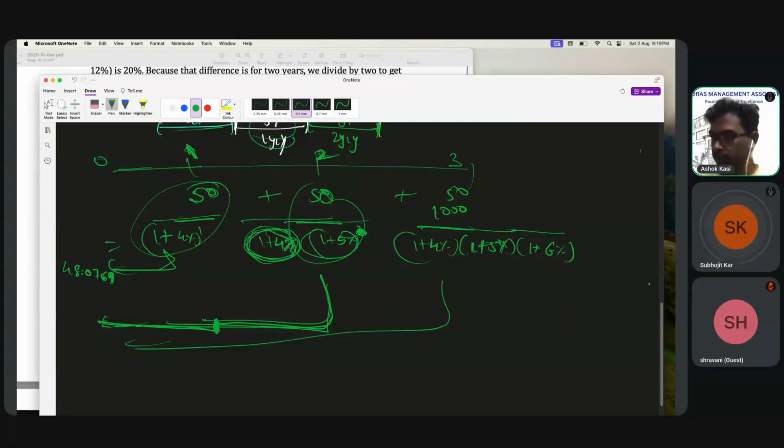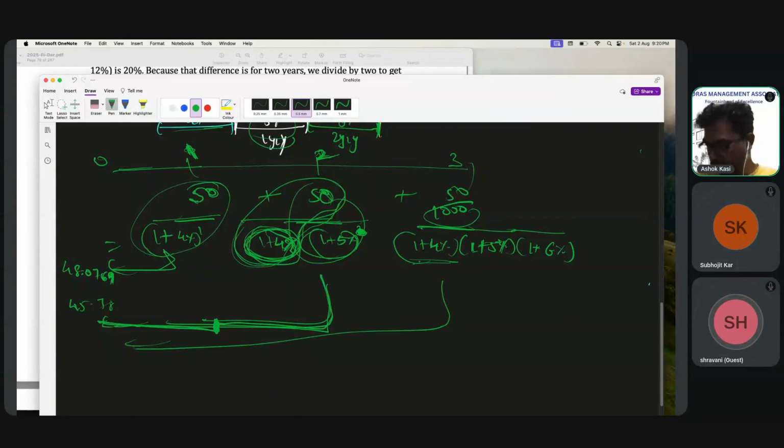Or you have already calculated this much, so directly divide by 1.05, and you get 45.787. But that will help you only in the second one. For the third one, you cannot use the shortcut because 1000 is there, an extra amount. So you have to do it manually.